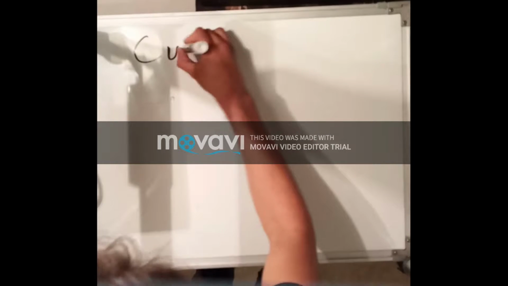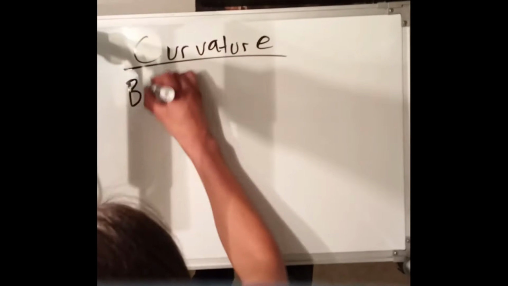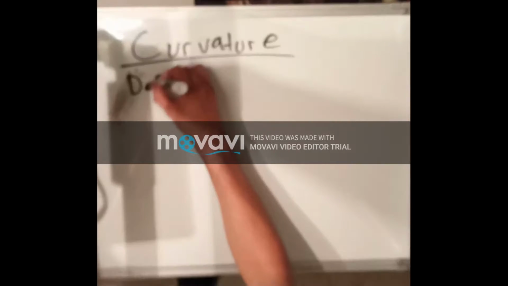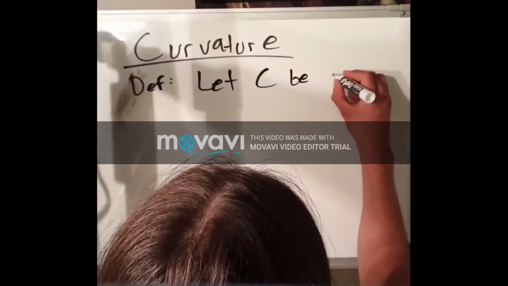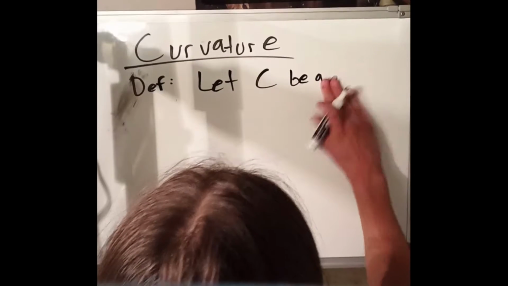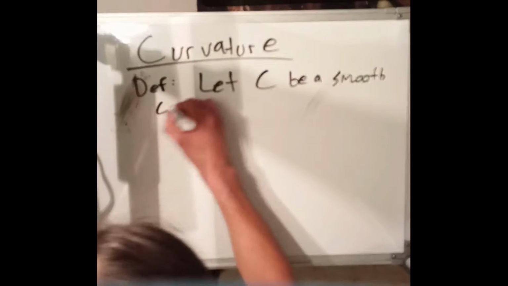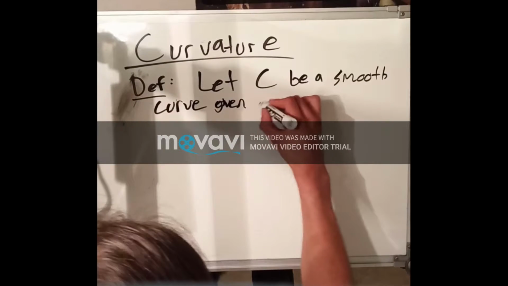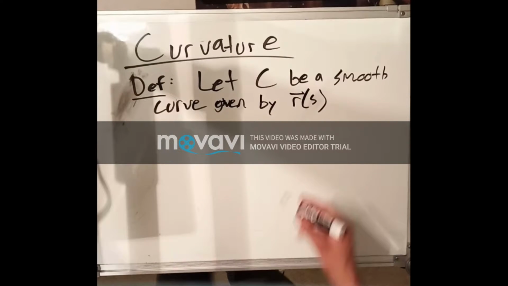Now, to define curvature, let C be a smooth curve given by r of s, where s is the arc length parameter as stated earlier.